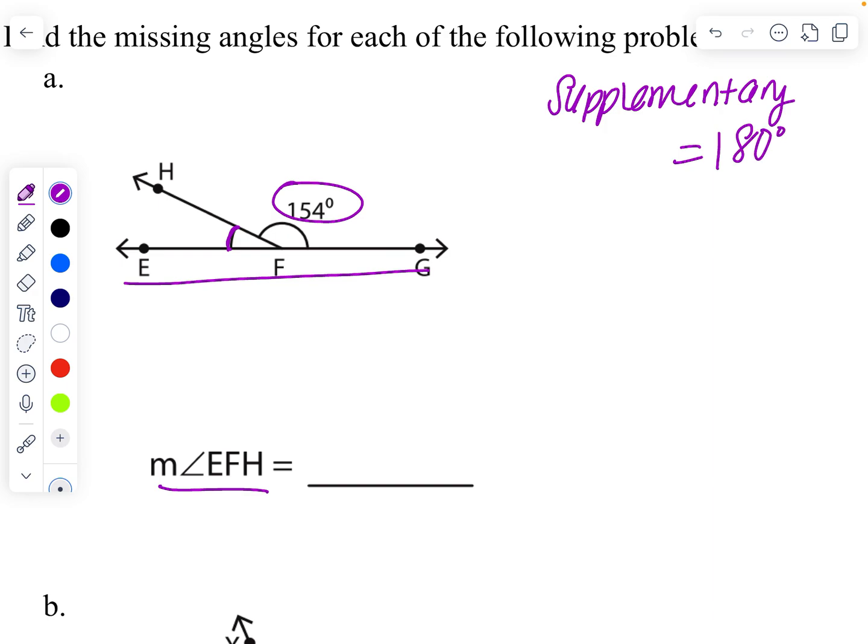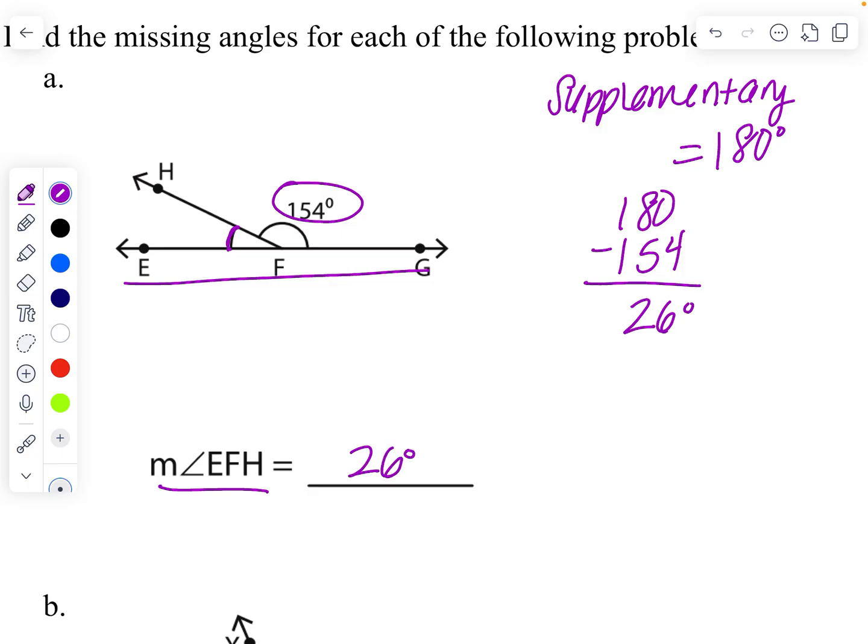So using that information, if I know that one of the angles is 154 and I'm looking for the other angle, and I know that together they're both 180, I'm just going to take 180 and subtract 154 degrees from that. And I'm going to get 26 degrees. So that would be my missing angle, 26 degrees.